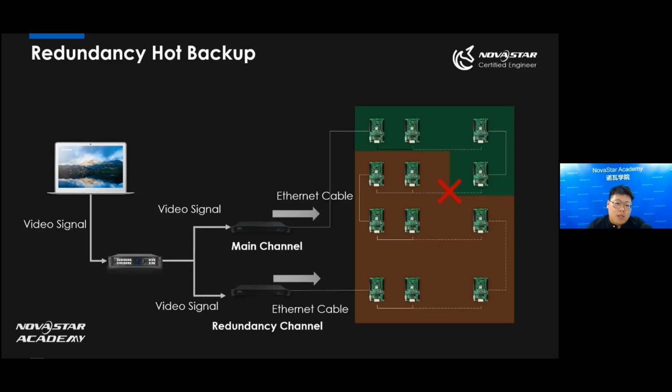So the video source will go to another sending card and transmit the data by the redundancy channel. So this is the principle of backup. We can see the signal comes back and the LED screen will show the image as normal.